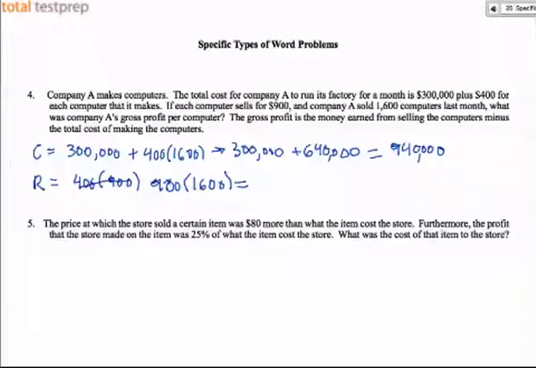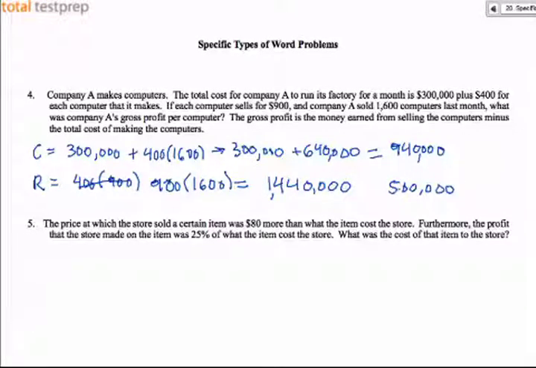You multiply 9 times 16, which is 144, and then you add the 4 zeros. So it turns out that the company made $1,440,000 last month. That was the revenue, and the costs were $940,000. The difference between these two is $500,000.